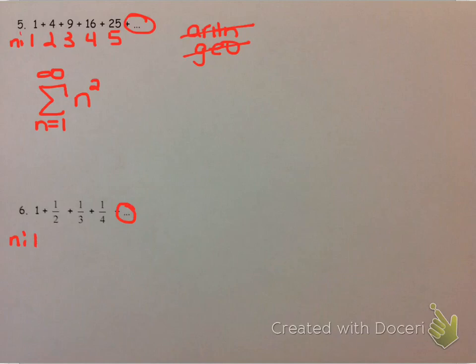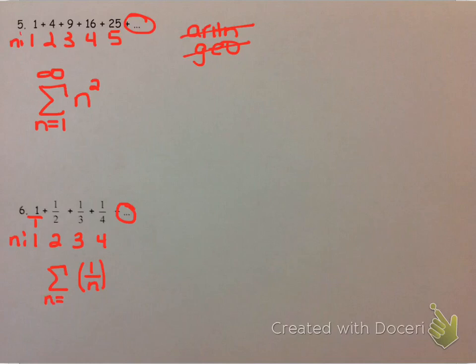And then you figure out, well, there's got to be a relationship between the term number and the term value. So term 1 was 1, which is 1 over 1, by the way. Term 2 was 1 over 2, term 3 was 1 over 3, and term 4 was 1 over 4. And so once again, theoretically, you could figure out that my pattern was just 1 over the term number. The sigma symbol will take care of the plus signs in between them.